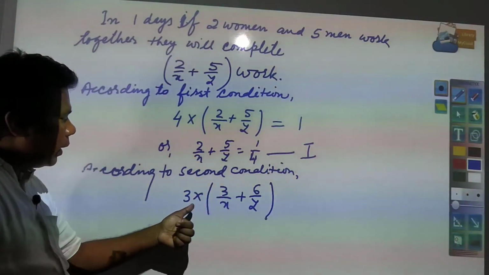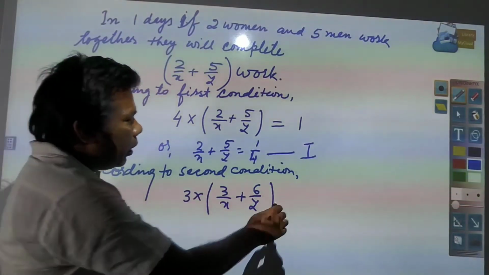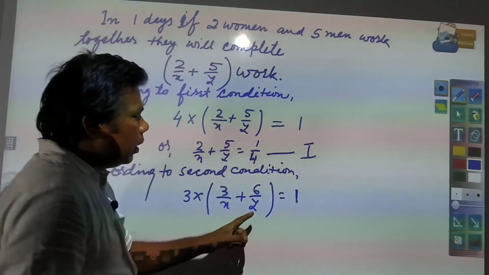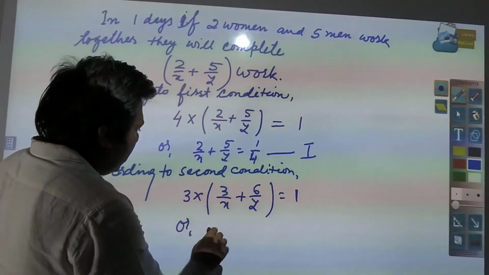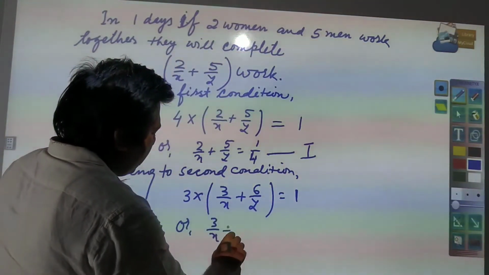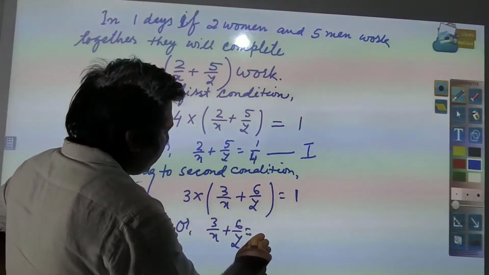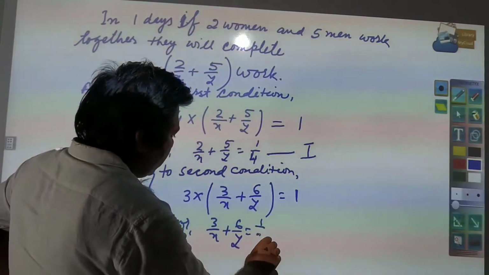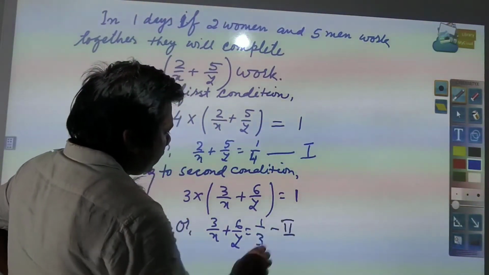So in 3 days they will complete the whole work, and we get 3 by x plus 6 by y is equal to 1 by 3, and this is the second equation.